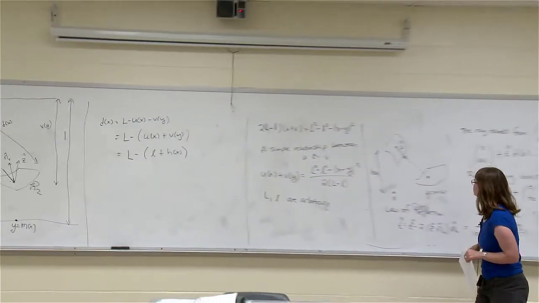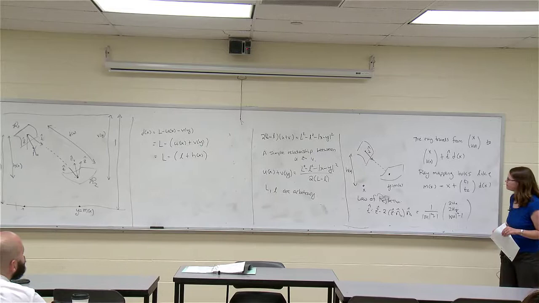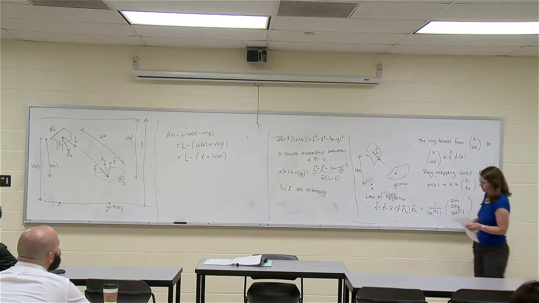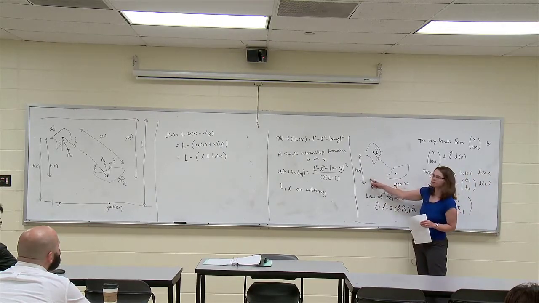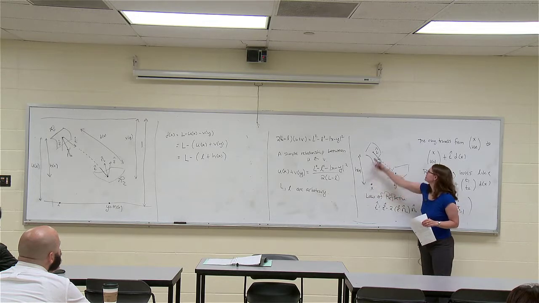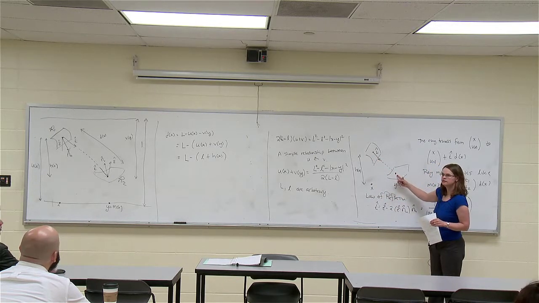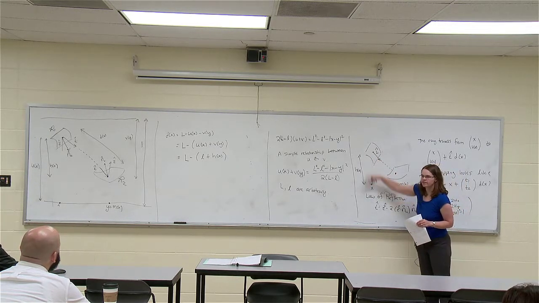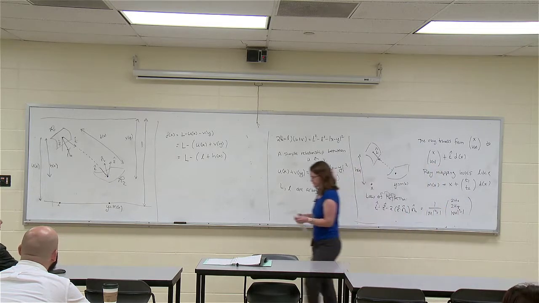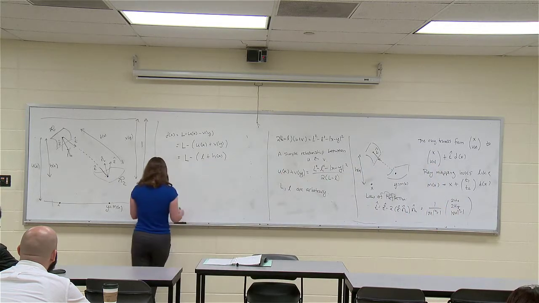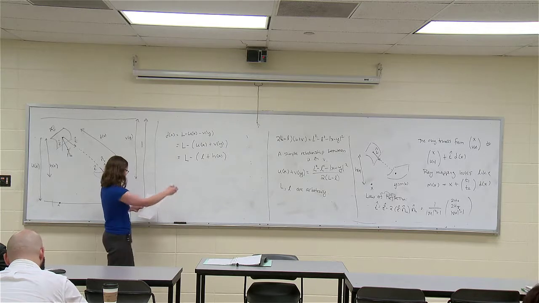Okay, h, let's see what h is. So maybe we need a little triangle here to try to work out what h is. Right, so this distance we know is d. This distance was x minus y, and this distance is h. Okay, so let's see what we get here.